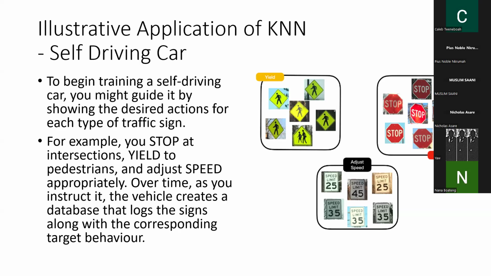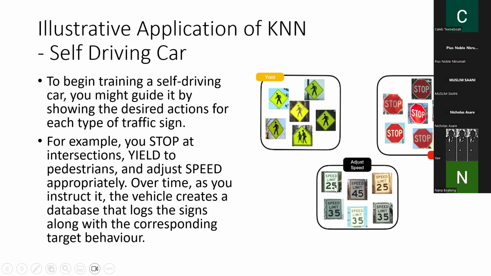No, you don't do any clustering. The idea behind KNN is that variables that are close to each other are very similar. If you look at the speed signs, for instance, you have 25, 45, 35. The background and everything are very, very similar.